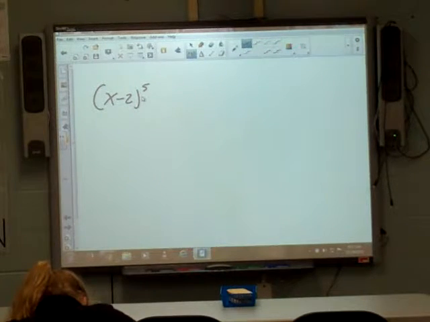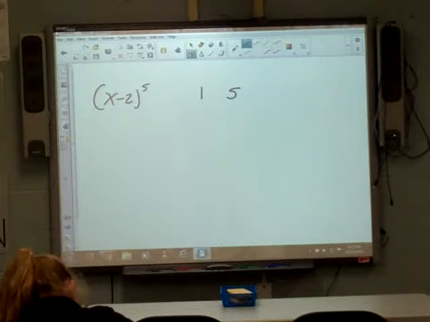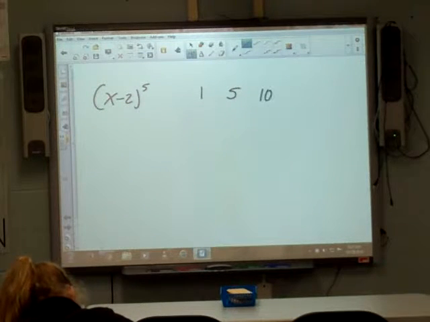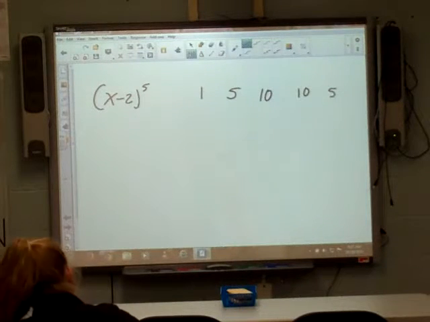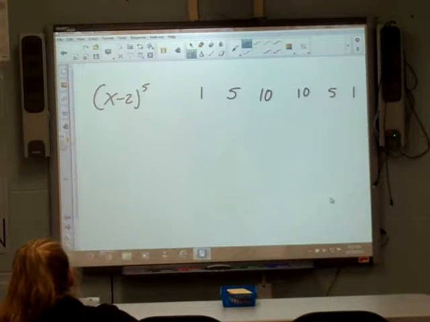Alright, so you found your 5th row. Tell me what numbers from left to right are in your 5th row. 1, 5, 10, 10, 5, and 1. Everybody agree so far?